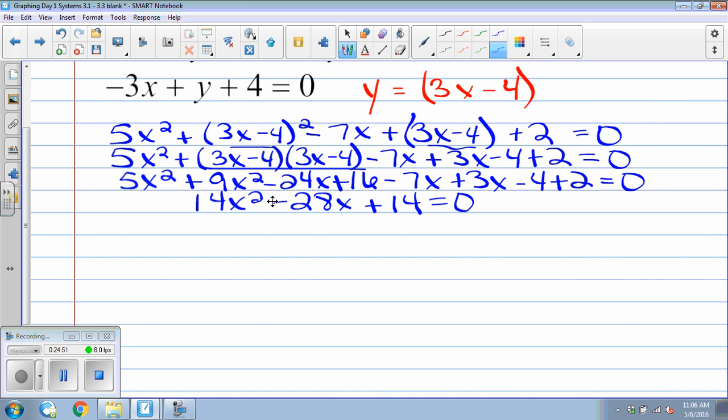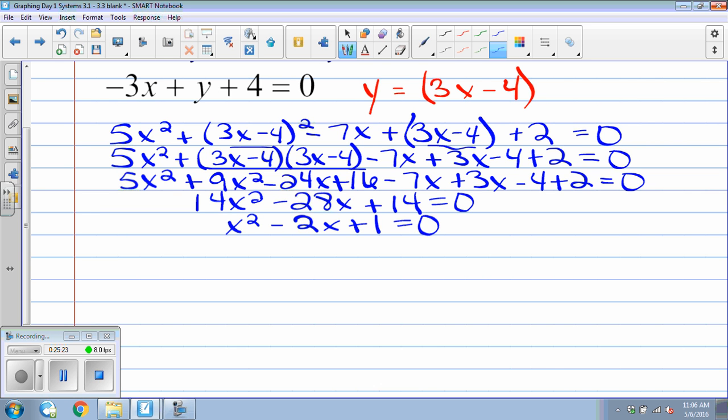Okay, listen. At this point, you could attempt to use the AC method, but that would be messy. I can still simplify this more. If I divide everything on the left and the right by 14, that'll reduce those numbers drastically. So if I divide everything by 14, I end up with x squared minus 2x plus 1 equals 0.